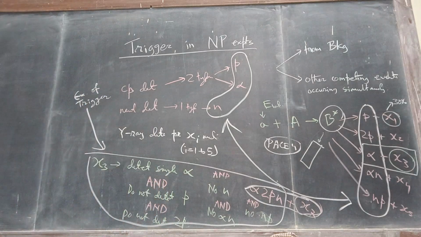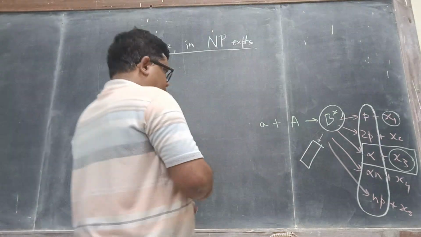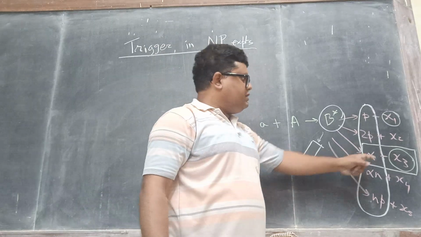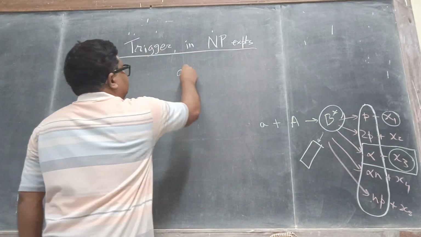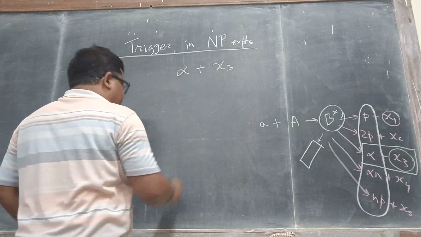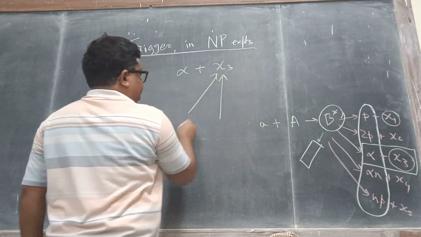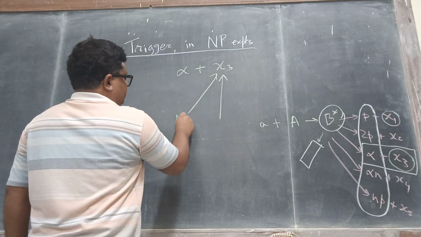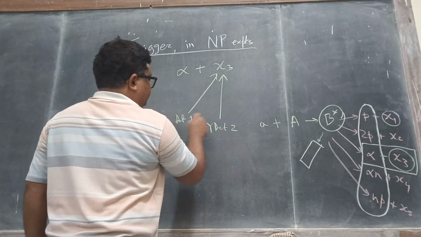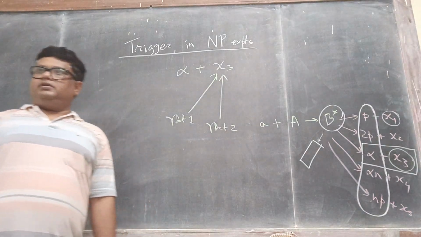Now suppose I am able to successfully select out this channel, alpha plus x3, and now I am using, say, two gamma detectors, gamma detector 1 and gamma detector 2, to study this nucleus x3.